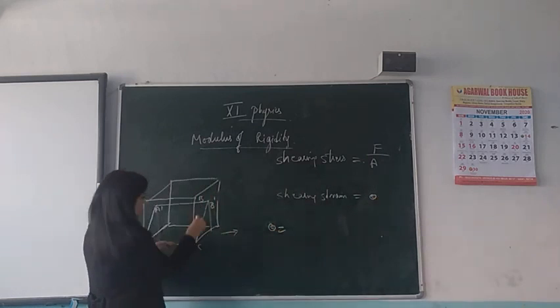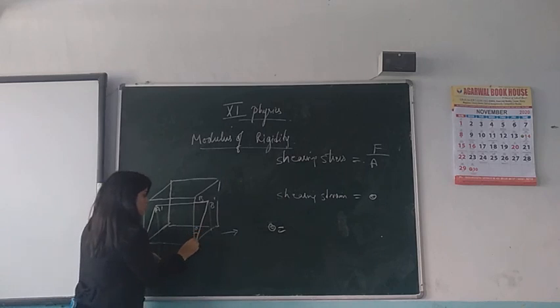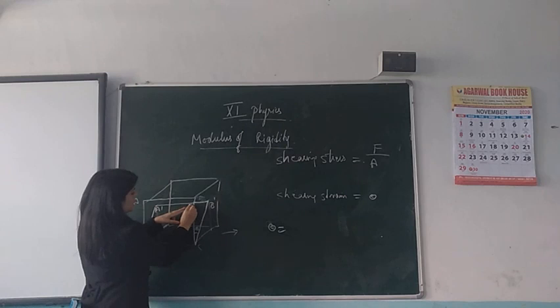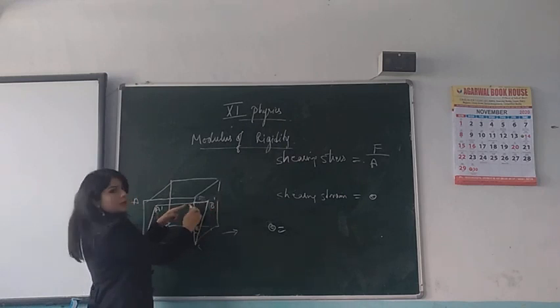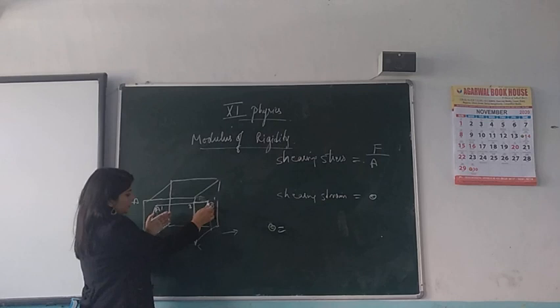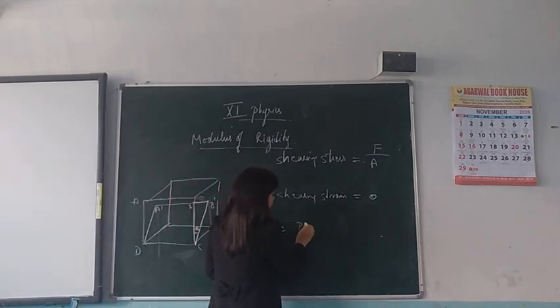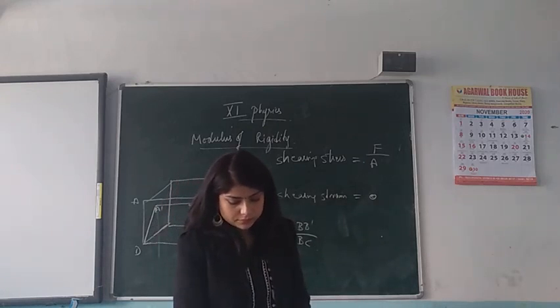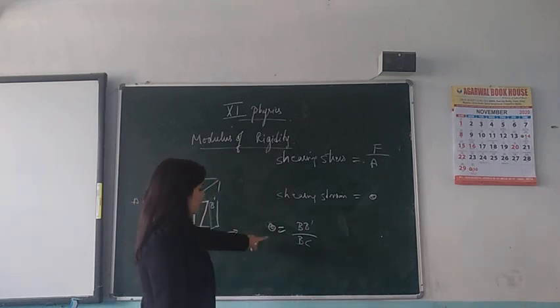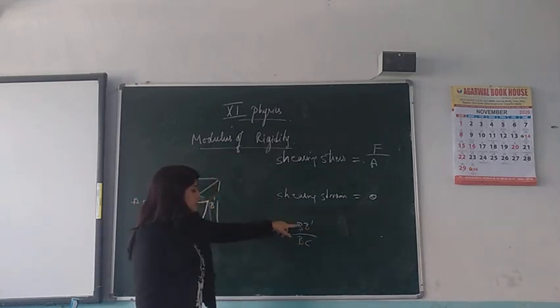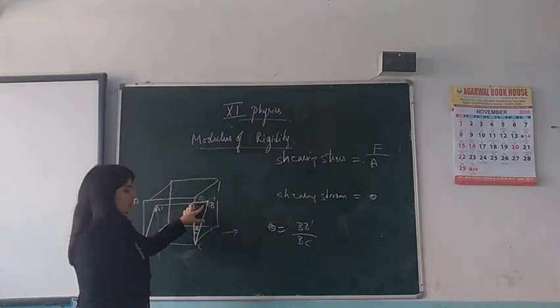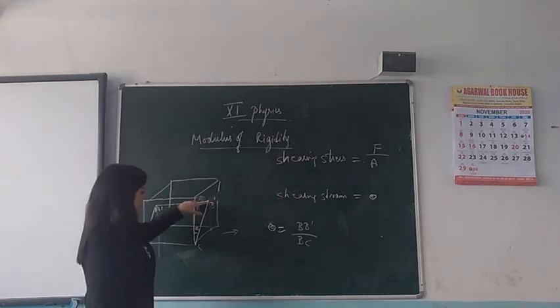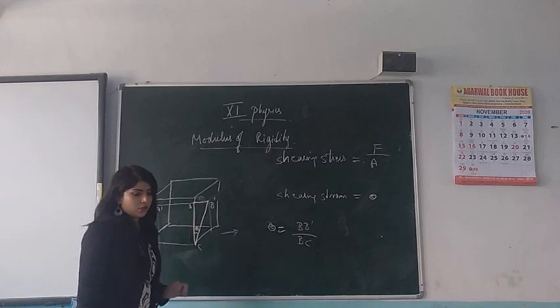So what is theta? From this particular triangle over here, theta will be B dash divided by BC. Just for knowledge, B dash divided by BC is the change in the amount divided by the side which is unchanged.